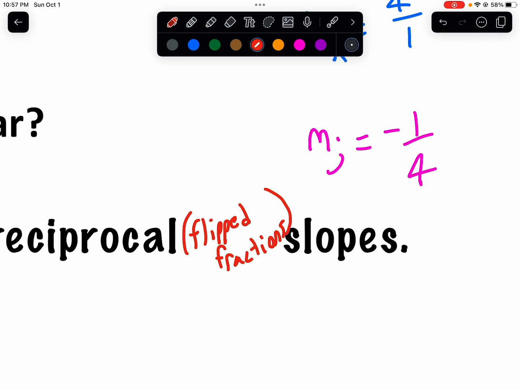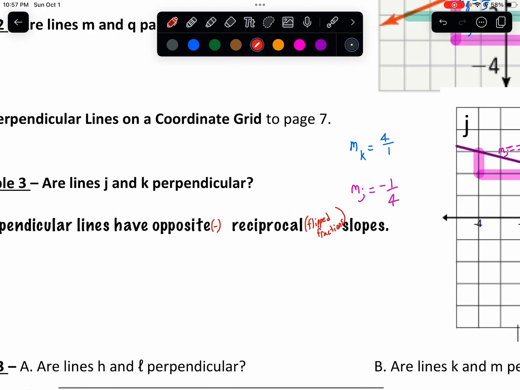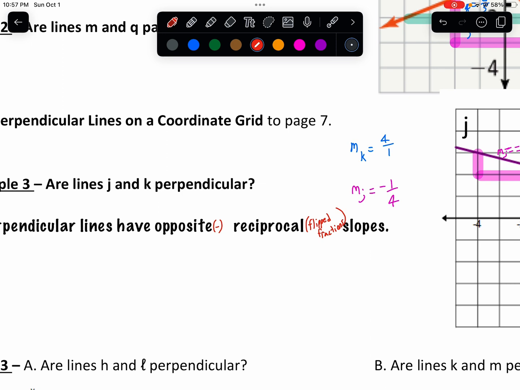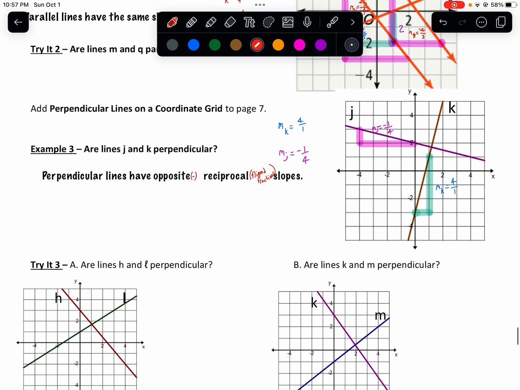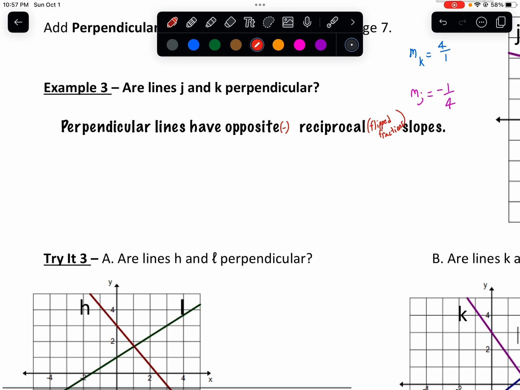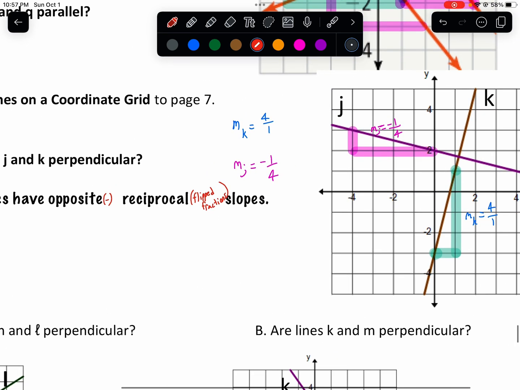That's a simple way to take a look at it and see. If our two lines are perpendicular, their slopes will be opposites. One will be positive, the other will be negative, and their slopes will be reciprocals. Those are going to be flipped fractions. All right, and if we take a look, that's what these are.